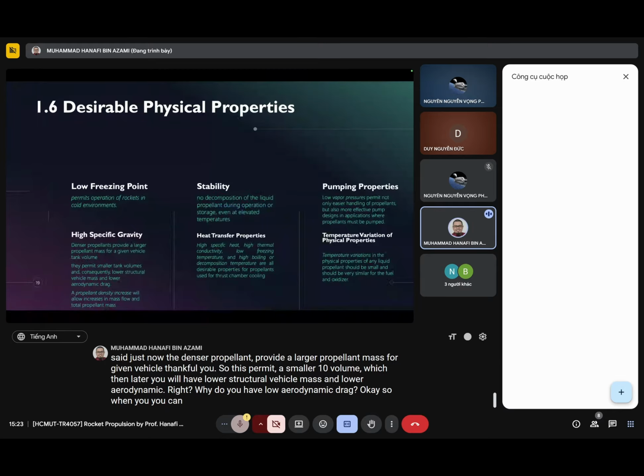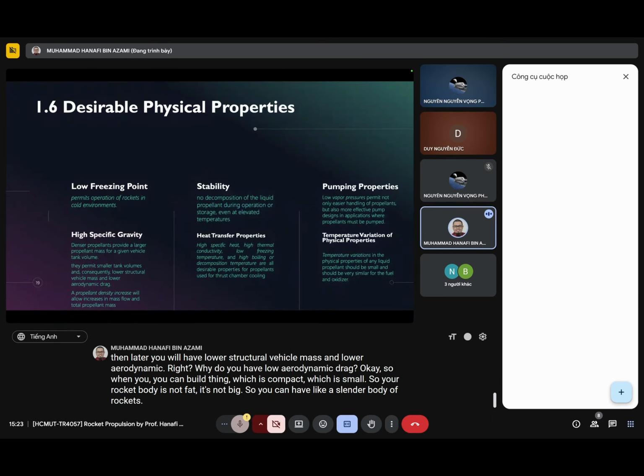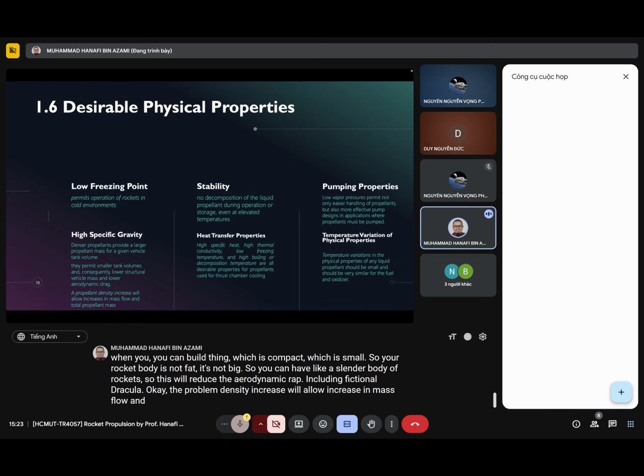When you can build a tank which is compact, which is small, your rocket body is not fat, not big, so you can have a slender body of rockets. This will reduce the aerodynamic drag, including frictional drag. The propellant density increase will allow an increase in mass flow and total propellant mass.